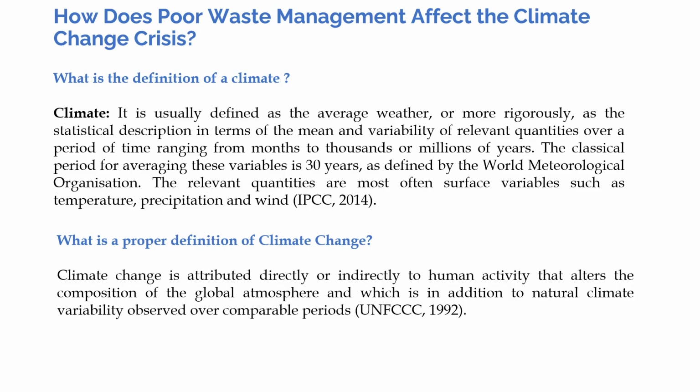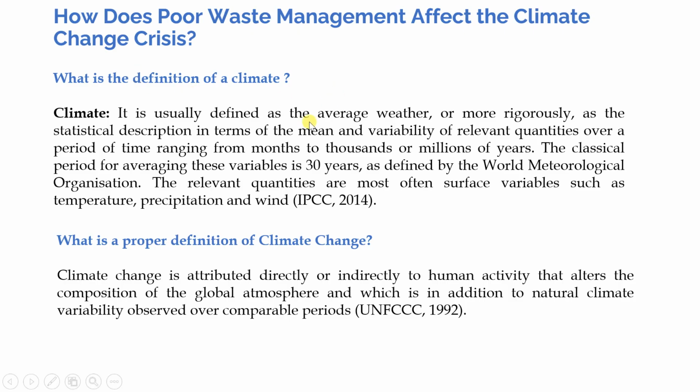So now, what is the definition of climate change? This is extra information. When we say climate, it's totally different from weather. Weather is the changing climatic condition over a short period of time, while climate is the change in climatic conditions over a very long period of time.